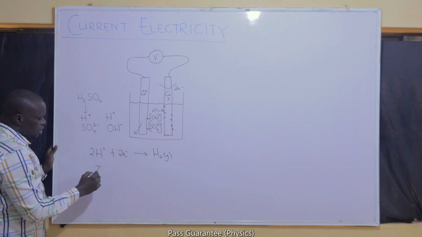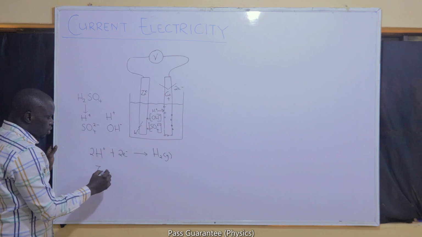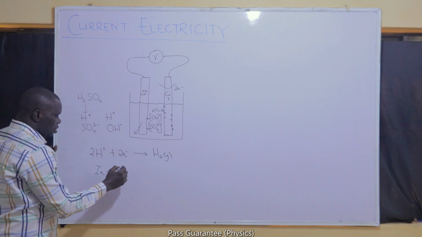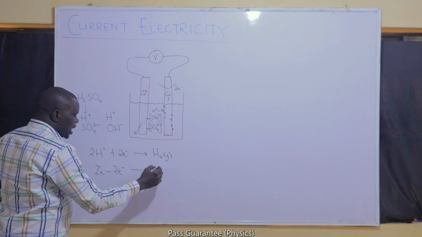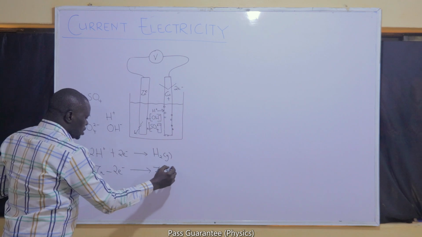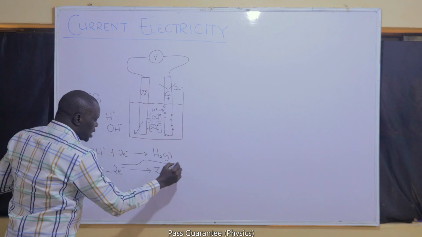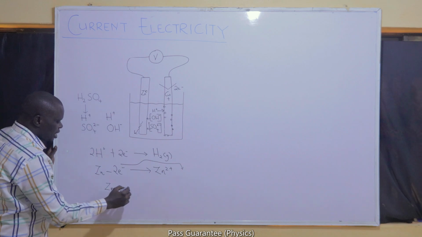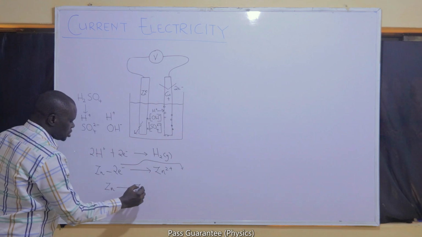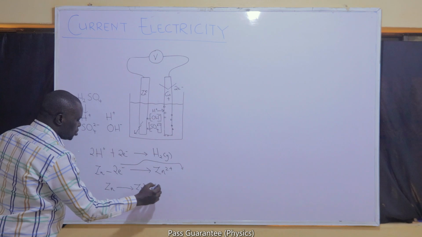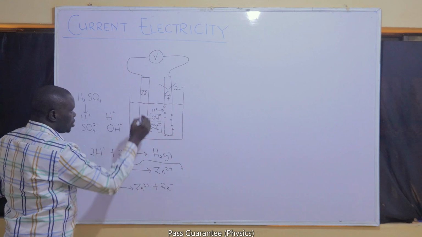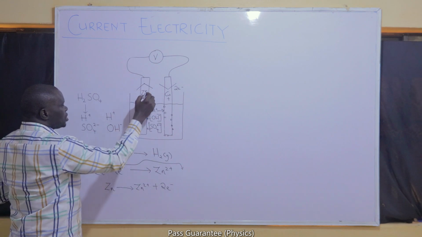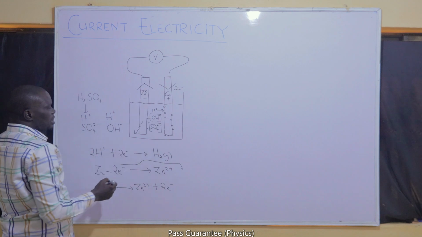So zinc will lose 2 electrons and go into the solution as zinc 2 plus. I can rewrite this as zinc 2 plus and 2 electrons coming out of that electrode. When that takes place, we say that the zinc electrode is now negative.